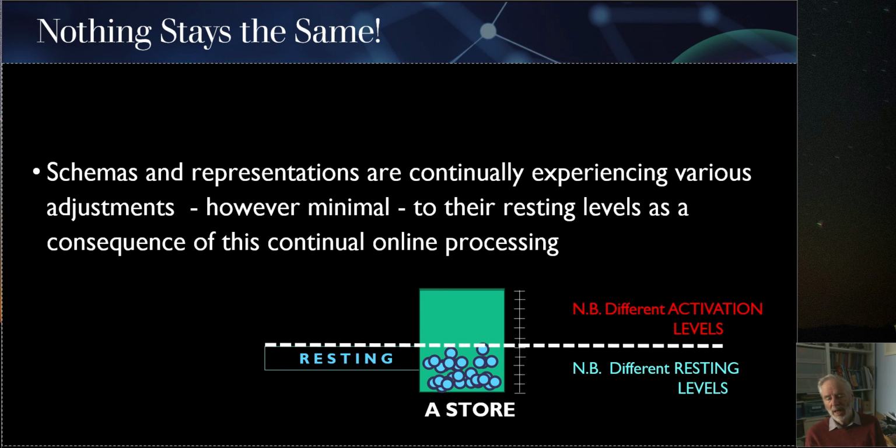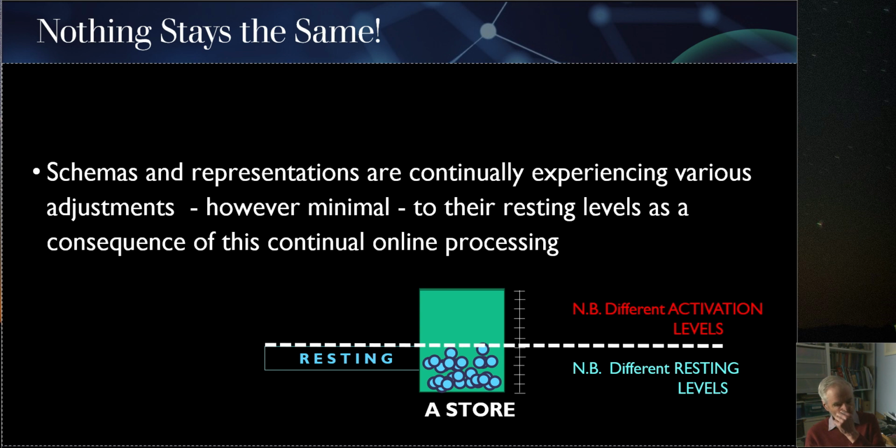The more anything is activated, the higher its resting level will be, and you'll notice that representations are resting at different levels. So, for example, if you're learning a language and you acquire something, the representations involved, if they haven't been used for the other language, will be relatively low, right?